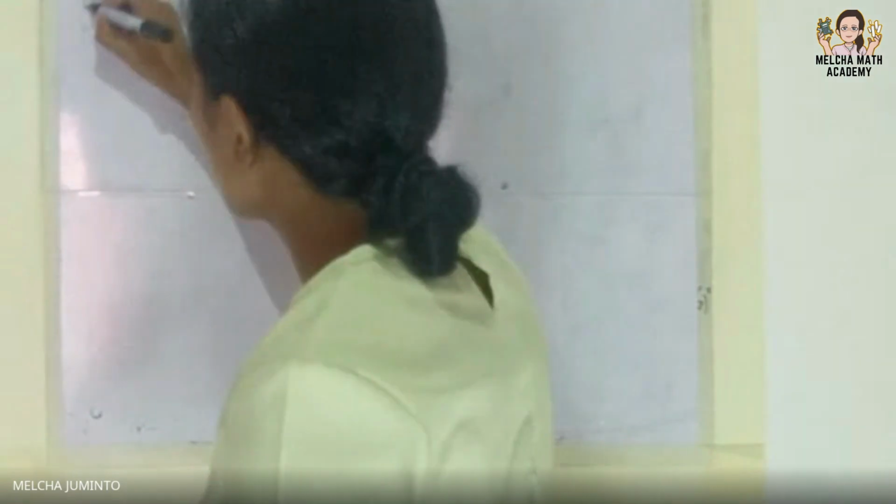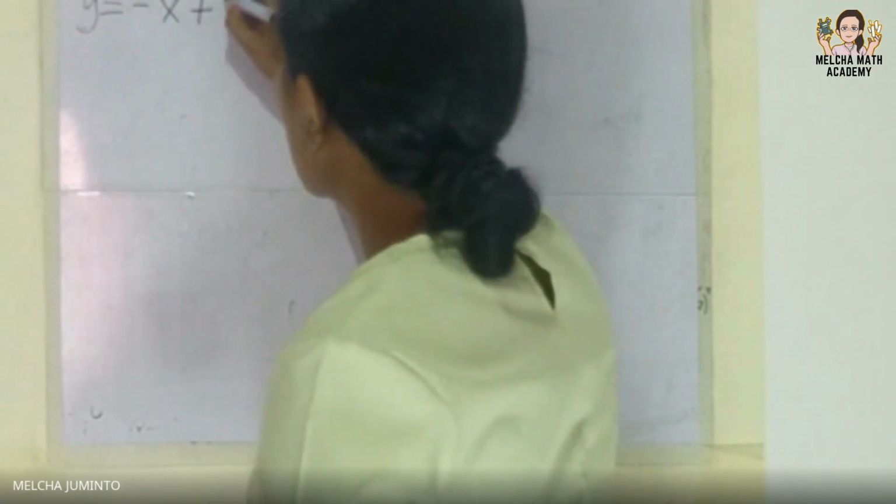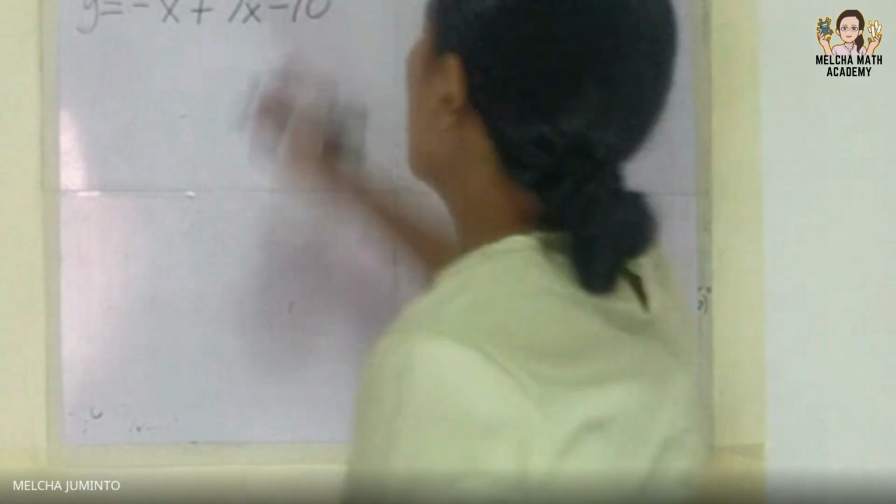Okay, quadratic function. This time I will show one example with a negative value of a, meaning this is a graph that opens downward. So this is the function y equals negative x squared plus 7x minus 10.